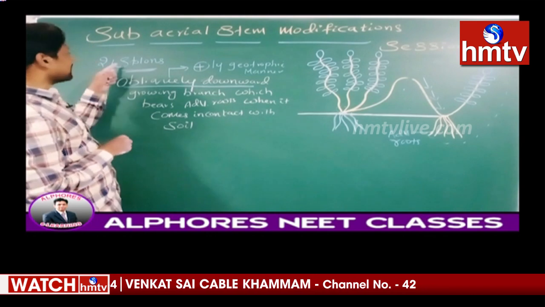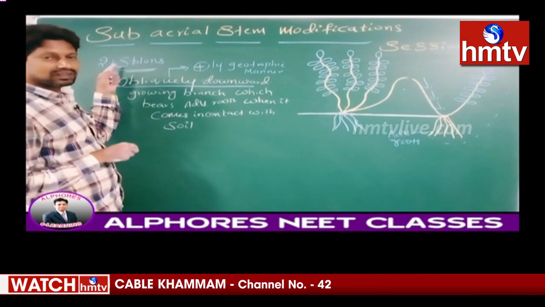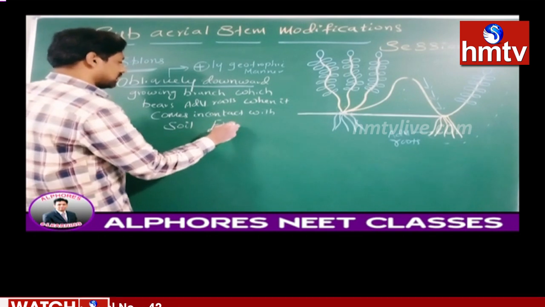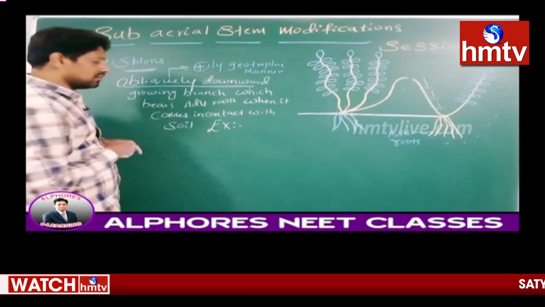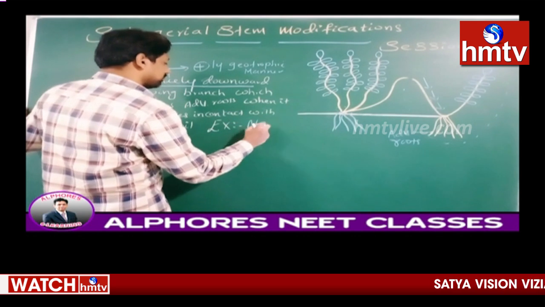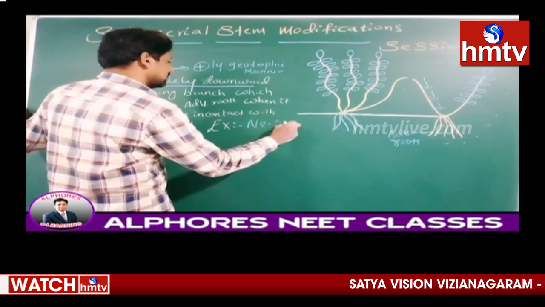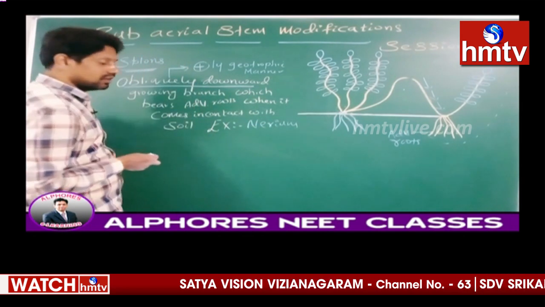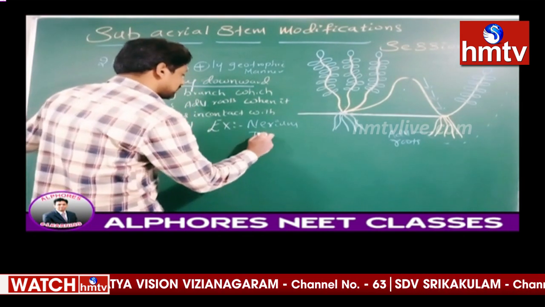Okay, what are the examples for stolons? The first one is nerium. The second one is jasmine.